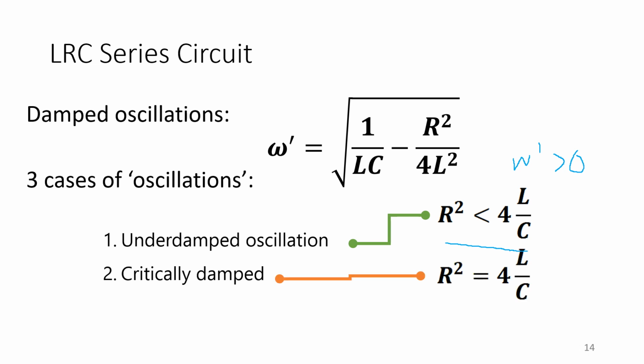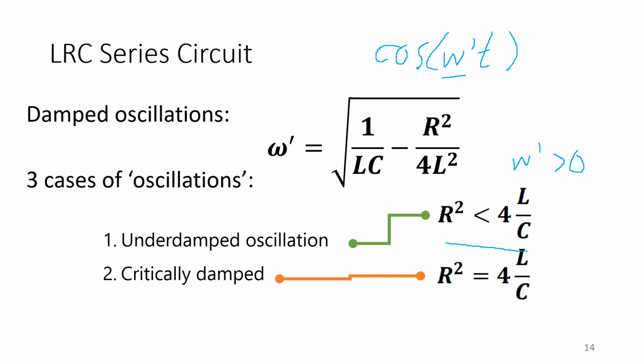The second case is: what if our resistance is at a specific value that makes omega prime 0? Remember that this omega prime arrives in the cosine omega prime t part of our underdamped solution. Our oscillation will only be present if omega prime is not equal to 0.